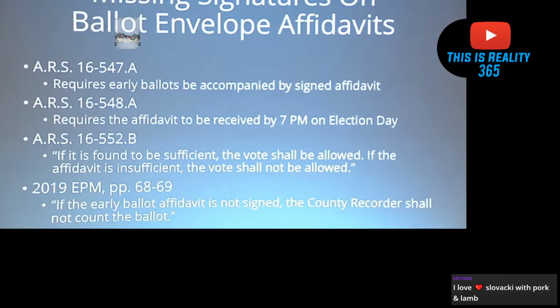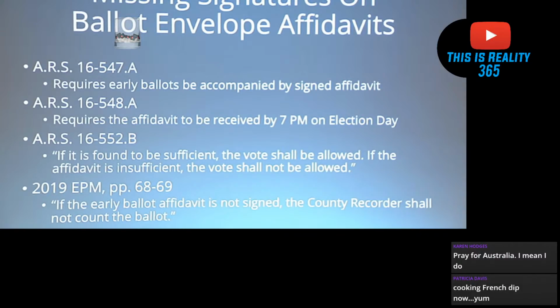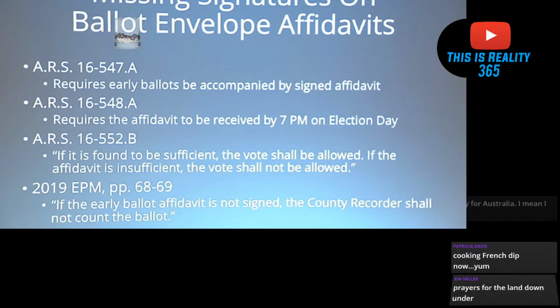As you heard in previous testimony, the scope of this audit did not involve comparing signatures with the voter registration files, but you had people, Dr. Shiva, look for and identify a number of missing signatures on ballot envelope affidavits, which, to the extent that ballots from those envelopes were tallied, would violate the above statutes and procedures.